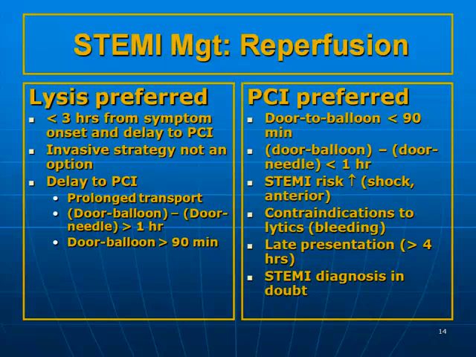It's probably better to do PCI because you can do angiography, and if the coronaries are clean, you haven't lost anything. But if you give lytic and they don't have coronary disease, they may end up having intracranial hemorrhage, and you've given them a potentially dangerous drug for no reason.